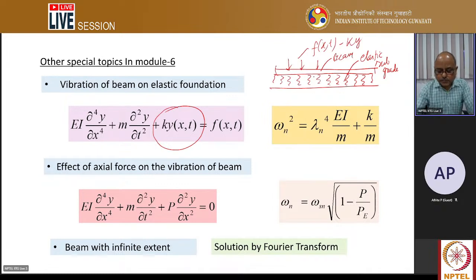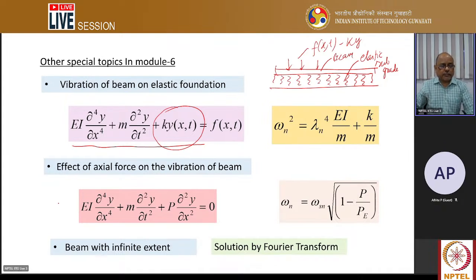Y is the displacement of the beam and ky is the force on the beam. So the ky is now transferred to the left hand side, and the equation now contains these three terms for an undamped system. The natural frequency of such a beam is higher because of this additional stiffness imparted by the elastic foundation, and you can see the contribution of this is k by m.